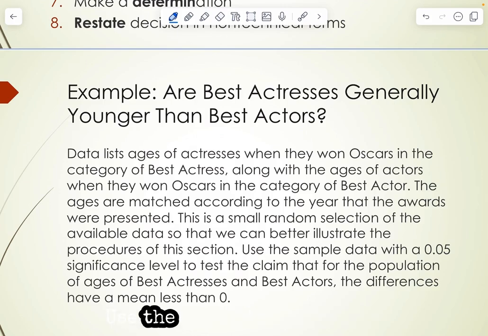Use the sample data with a 0.05 significance level to test the claim that the differences have a mean less than 0. The difference is actresses minus actors, and the difference is going to be less than 0, meaning actresses are generally younger than actors, who are generally older when they win Best Actor.